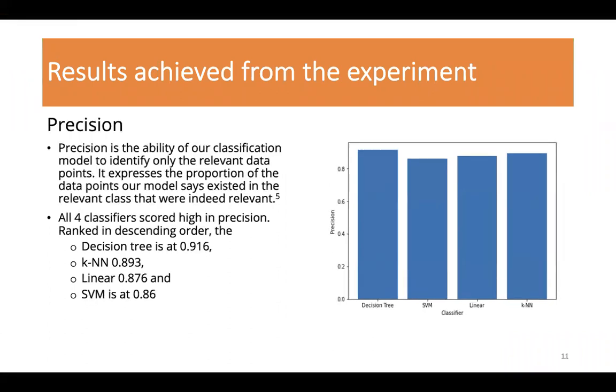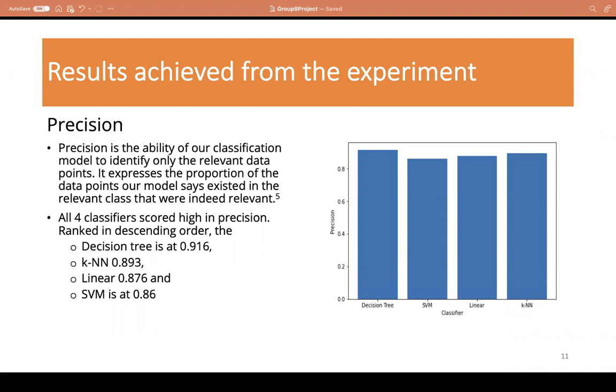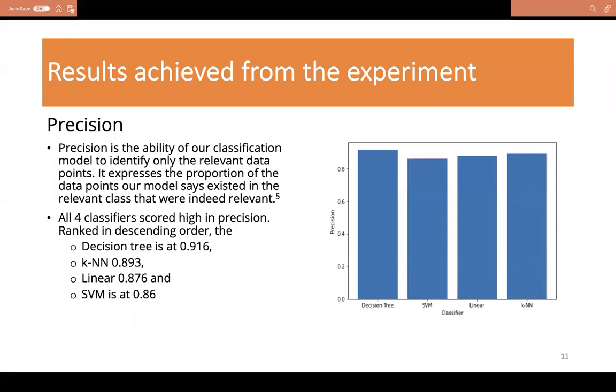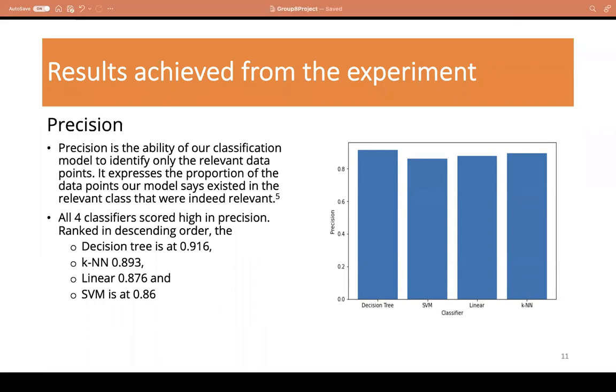The precision is the ability of our classification model to identify only the relevant data points. It expresses the proportion of the data points our model says existed in the relevant classes that were indeed relevant.